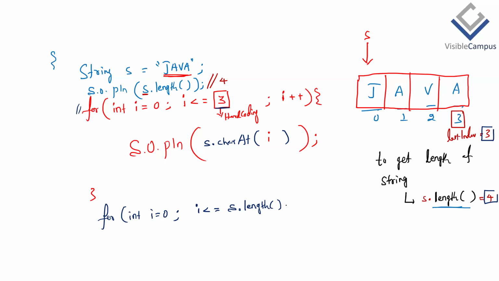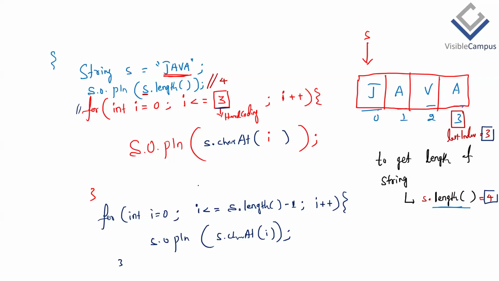That's why length minus 1, then i plus plus. Inside this loop body, we can write the same logic of print s dot charAt(i). That's all. This is the approach to print each and every character of a string, and this is the generic logic which works for every string length.